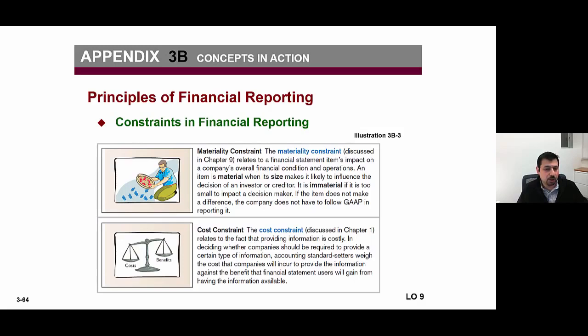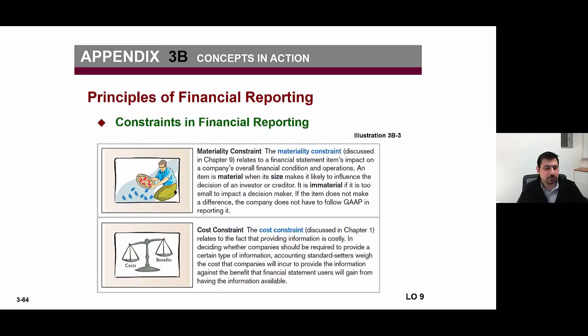But for a small company, yes, it would be material because it will affect the decision making of the investor or the creditor. So materiality is about whether the information in the financial statement will impact the decision making of an investor or creditor. Will it be big enough to affect their decision?